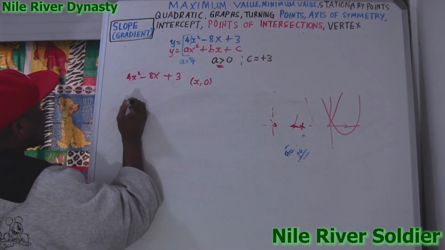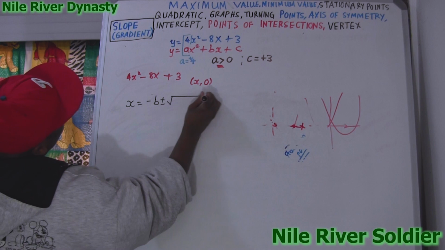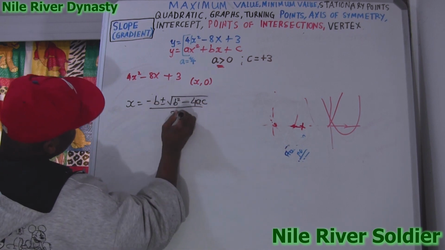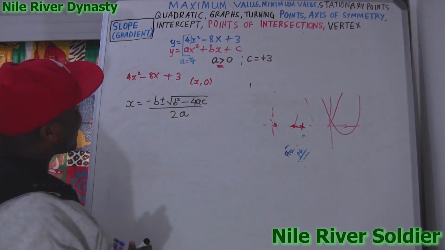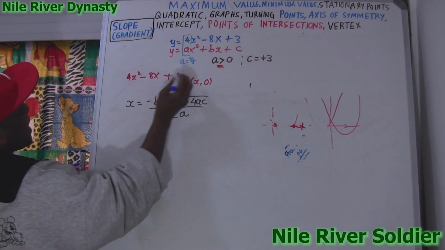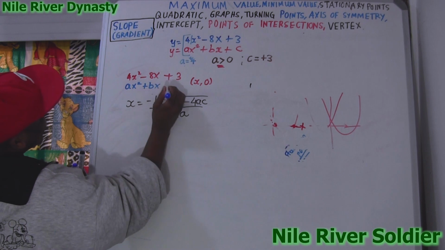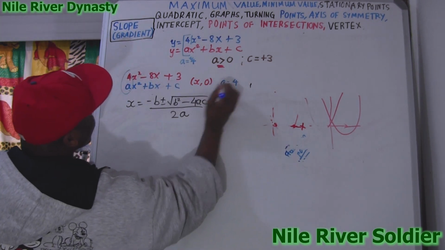x, to get this x value, equals negative b plus or minus the square root of b squared minus 4ac, all over 2a. Very simple formula to use. Okay, so I know my a, I know my b, I know my c. What is my a? I have to compare with a x squared plus b x plus c. My a equals positive 4. What is b?